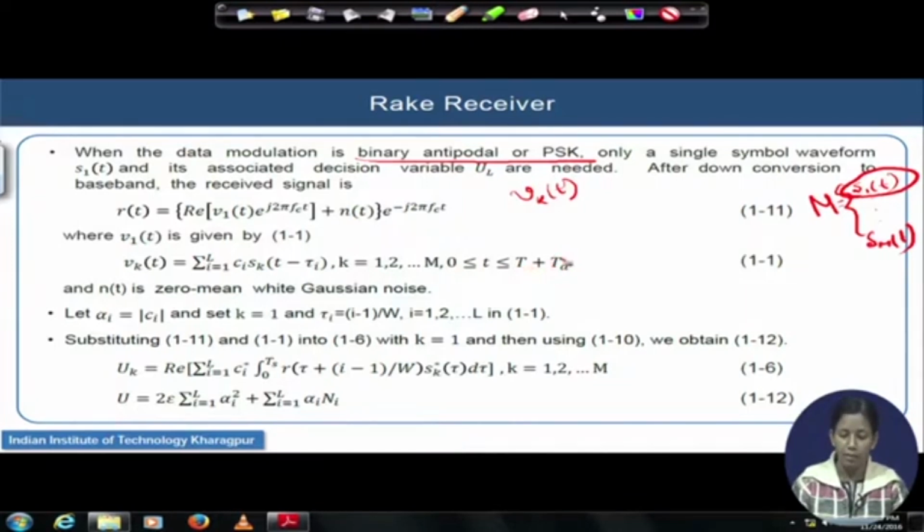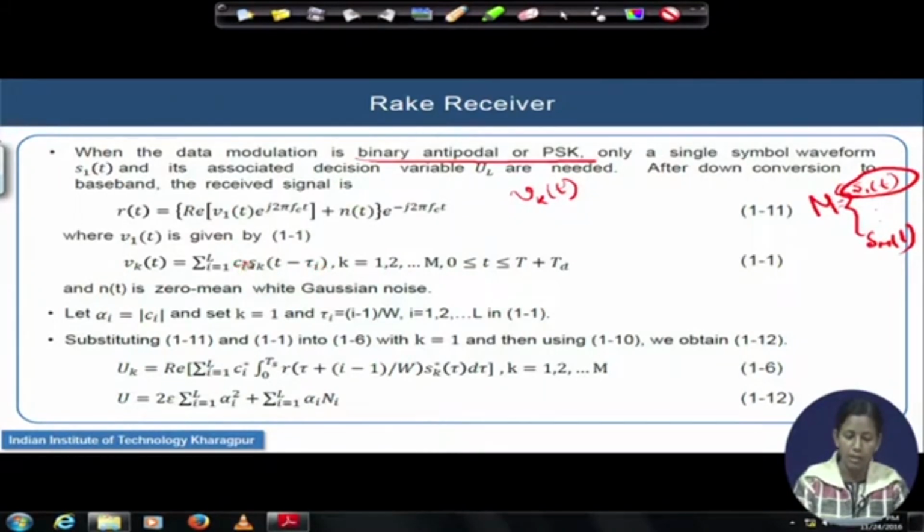We have capital L number of multipaths, so the signal at the output of the receiver will be the combination of all L multipaths, where Ci for each path i is the complex coefficient of the channel, and tau i is the multipath delay associated with the ith multipath.